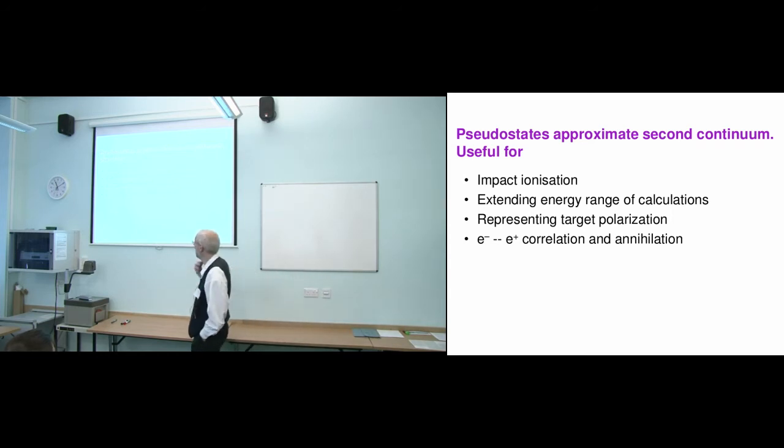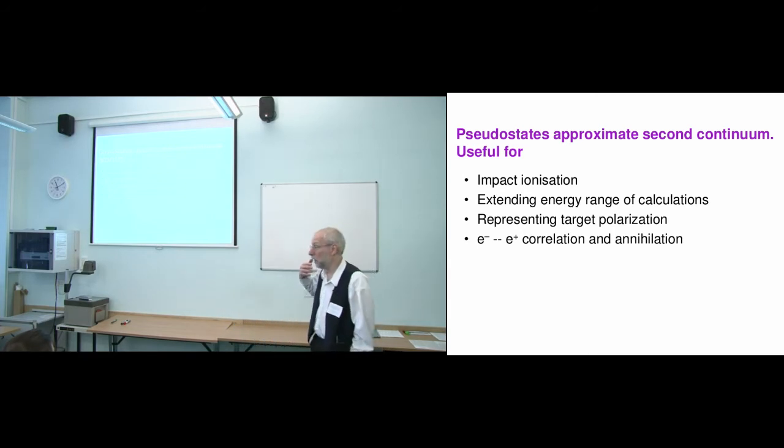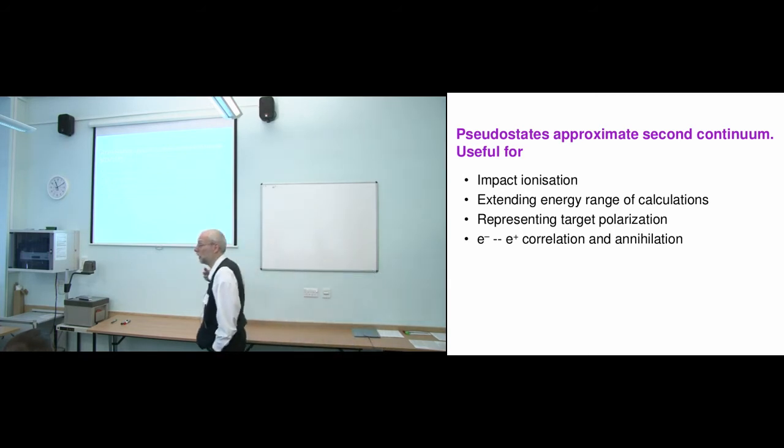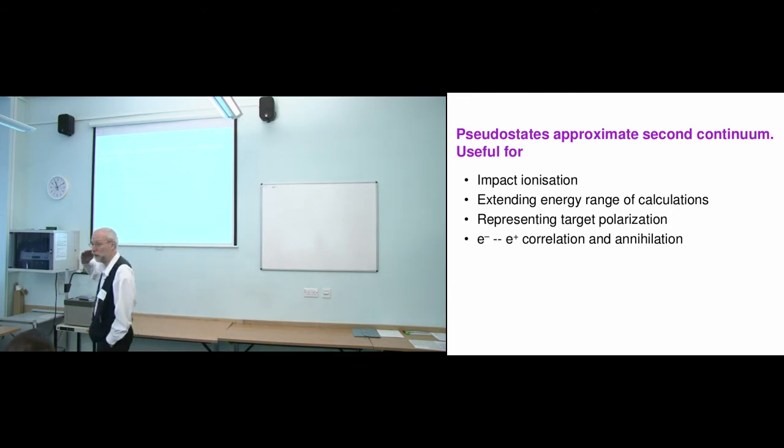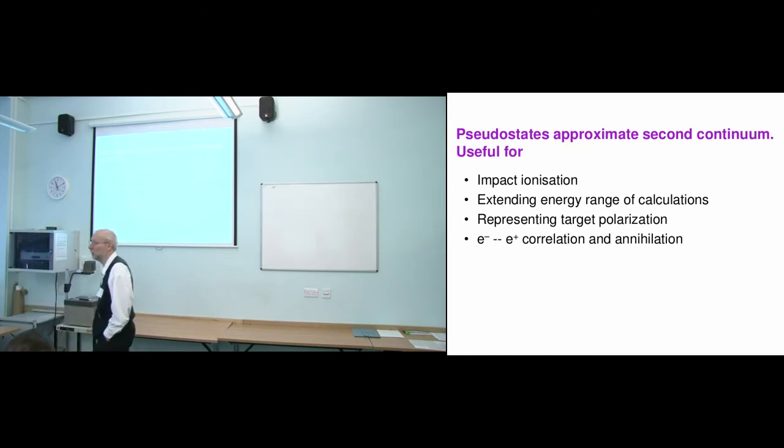But if you can get the impact ionization right, it allows you to extend the range of the calculation. Standard R matrix type calculations are normally only any good at low energy, defined as below the ionization energy of the target. With this method, you can go into the region above that threshold, which is quite important for a lot of applications.